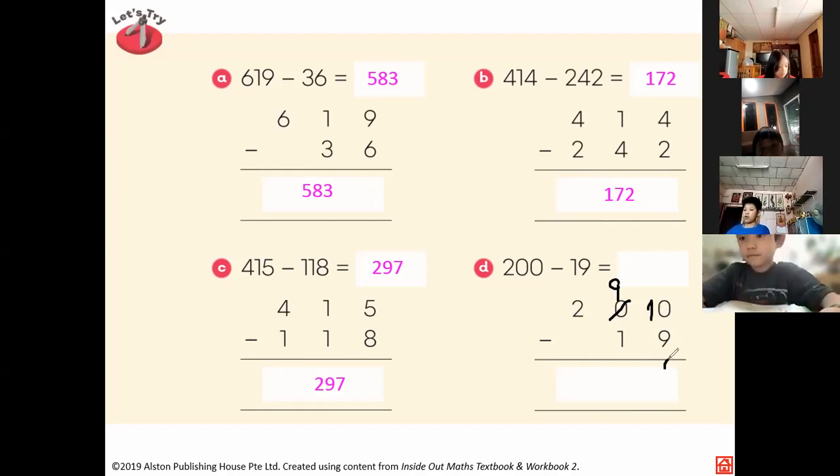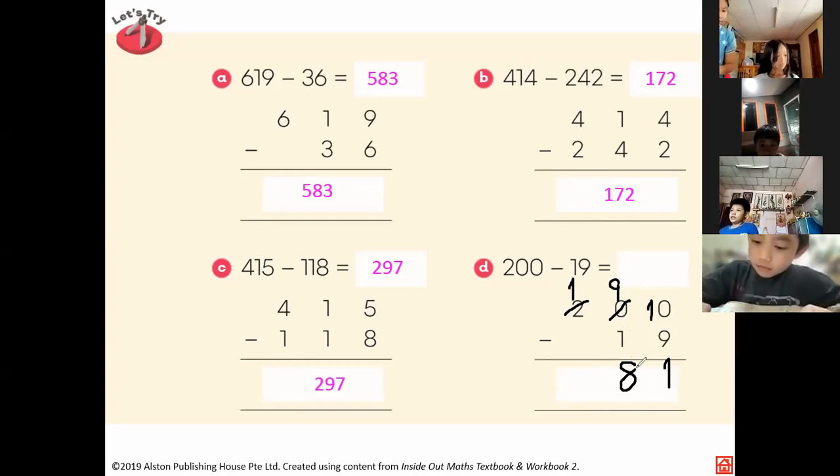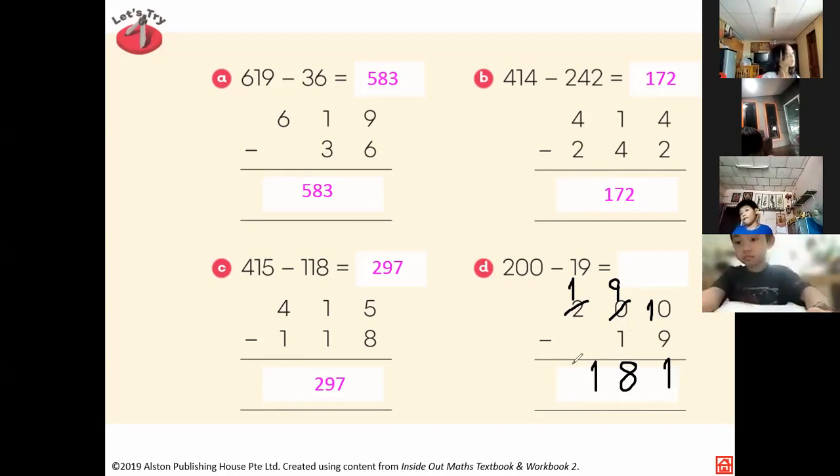So that's 1. And then since the 0 became 9, we will borrow 1 from number 2. So 2 will become 1. So 9 minus 1, that's going to be 8. And then bring down 1. So the answer for letter D is 181.